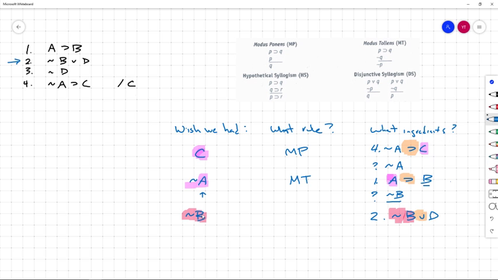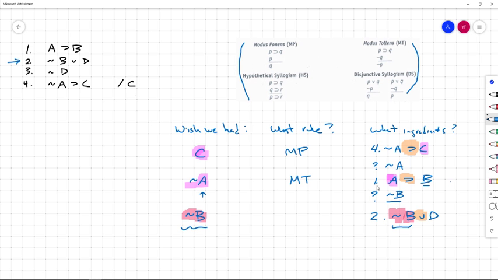Now, quick Q&A. Why have I treated not B as a unit here, as a compound unit to be sure, but as a unit, whereas here I treated the not A as the negation of a simple sentence? The answer is it depends on what's going on in your proof, what patterns are available to you, and the rule set.